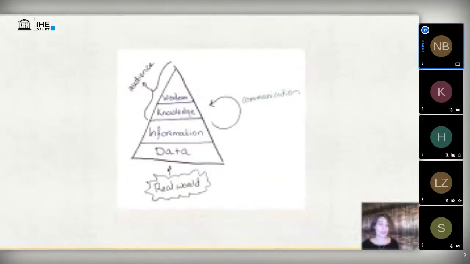That can help us translate all this data that is available at WaPOR, so all the remote sensing data they have, into information, and then sharing that information by communicating the right story in the right visual syntax to our audiences, so that our audience can understand our information and they can turn that into knowledge for themselves. And then maybe eventually that our audience can use their knowledge and information to make wise decisions in the future.